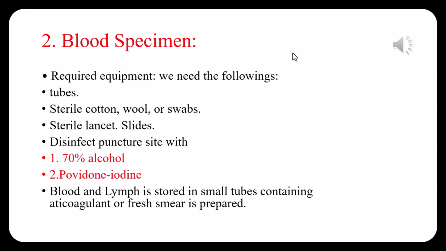If we are using the blood for ELISA or other serological tests, here we use the gel tube. But for whole blood, if you are looking for parasites, the sample should be collected in an anticoagulated tube.